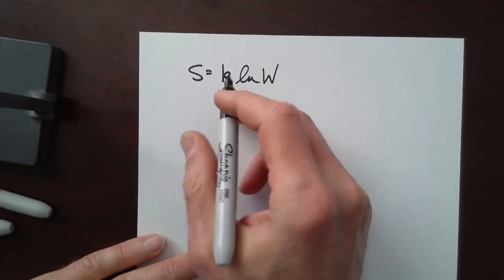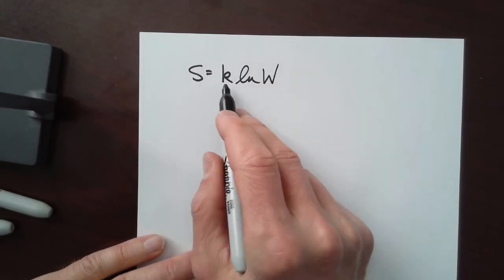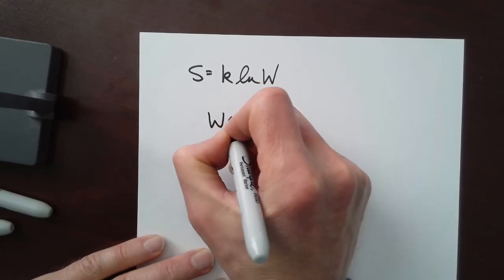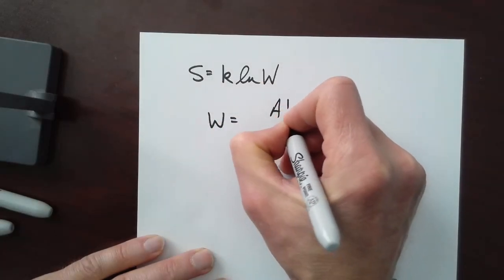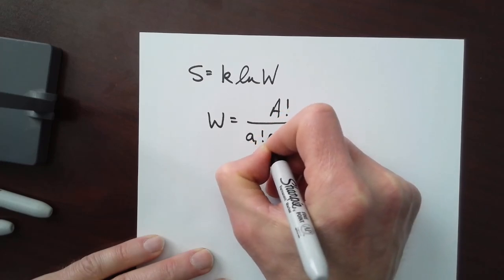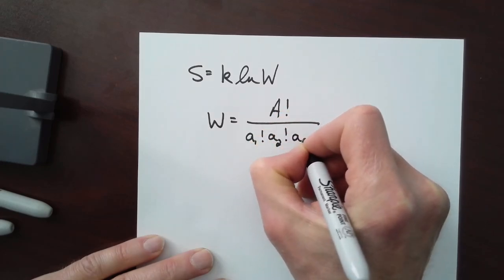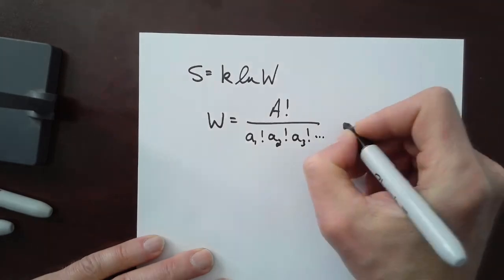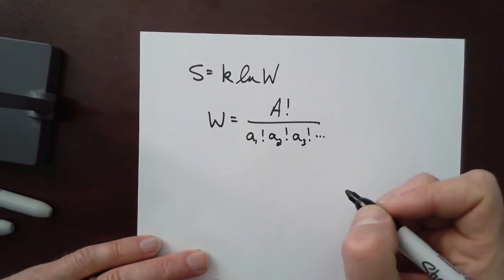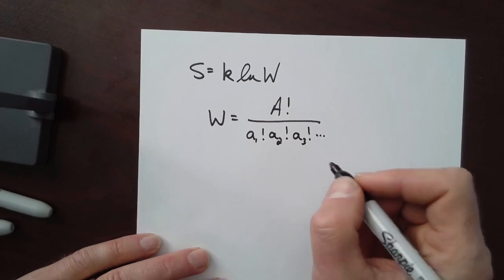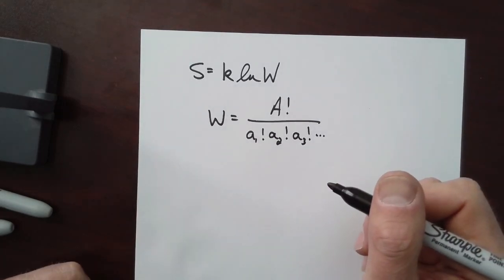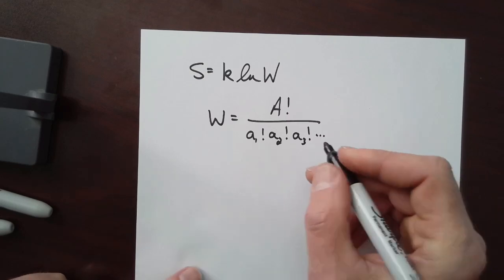Where S is entropy, K is Boltzmann's constant, and W, let's take a look at W. W is essentially the number of ways to have A1 systems in state 1, A2 systems in state 2, and so on.